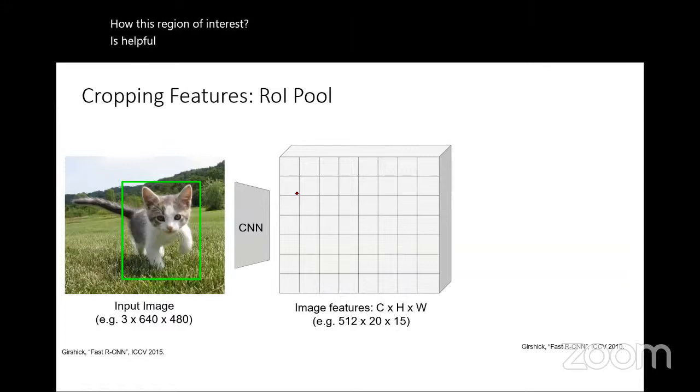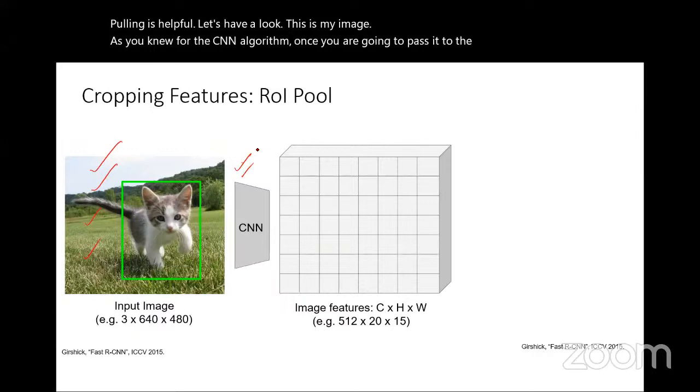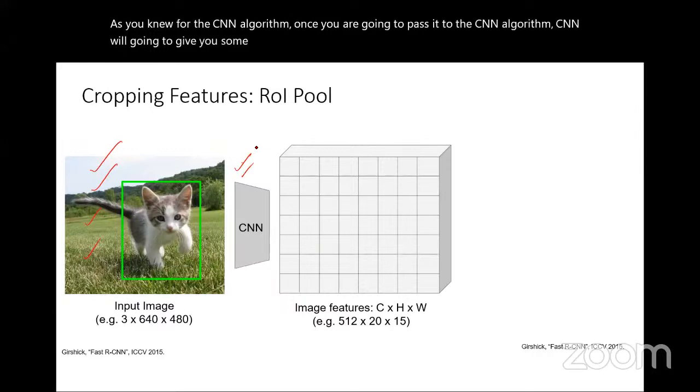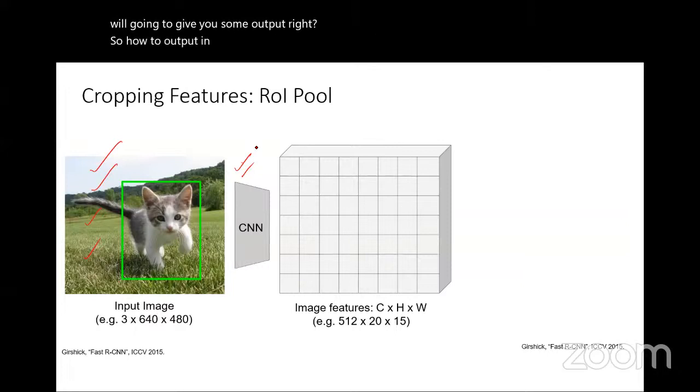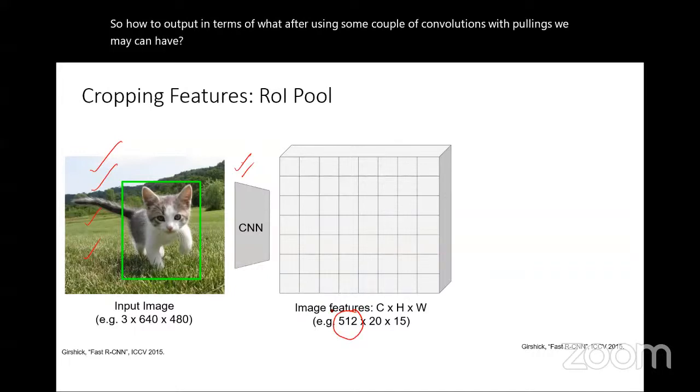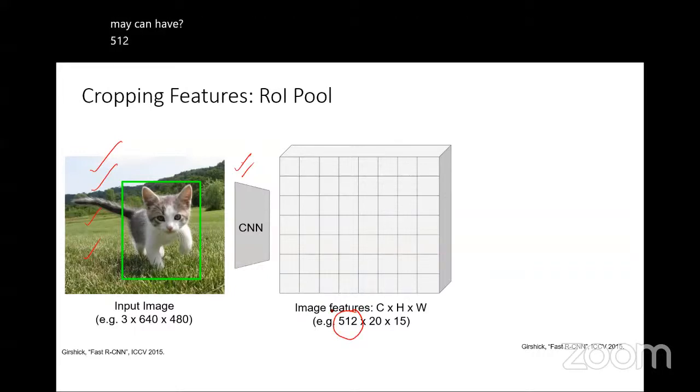Let's have a look. This is my image. As you know for the CNN algorithm, once you pass the image to the CNN, it is going to give you some output. After using a couple of convolutions with poolings, we may have 512 convolution layers. After pooling, we may come to 20 cross 15.